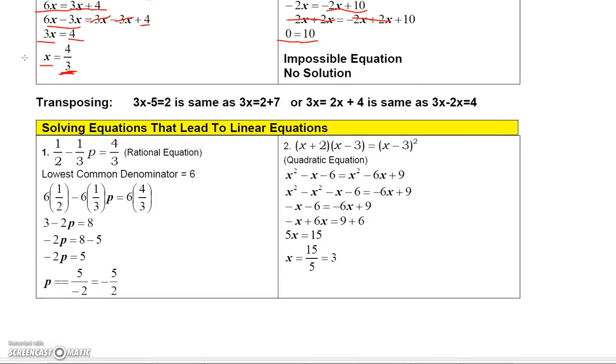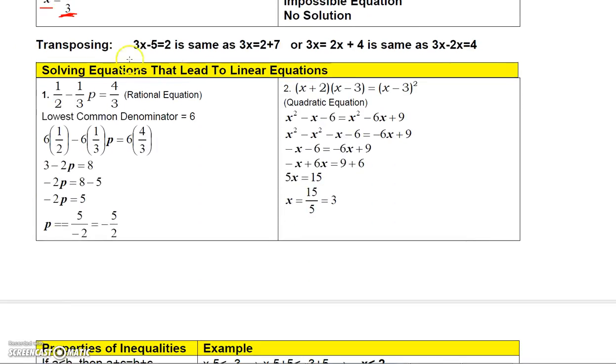Now, let me just show you what I mean by transposing, because I'll do this in some of the problems. If I were to have an equation 3x minus 5 equals 2, rather than say, okay, I'm going to add 5 to this and I'm going to add 5 to this, another way to do it is just say, well, when you do those 2 steps, basically what's going to happen?